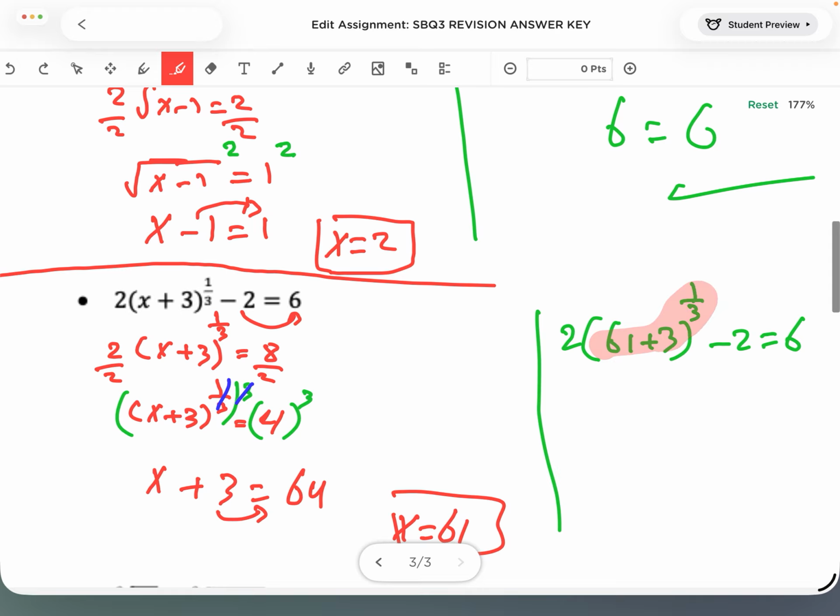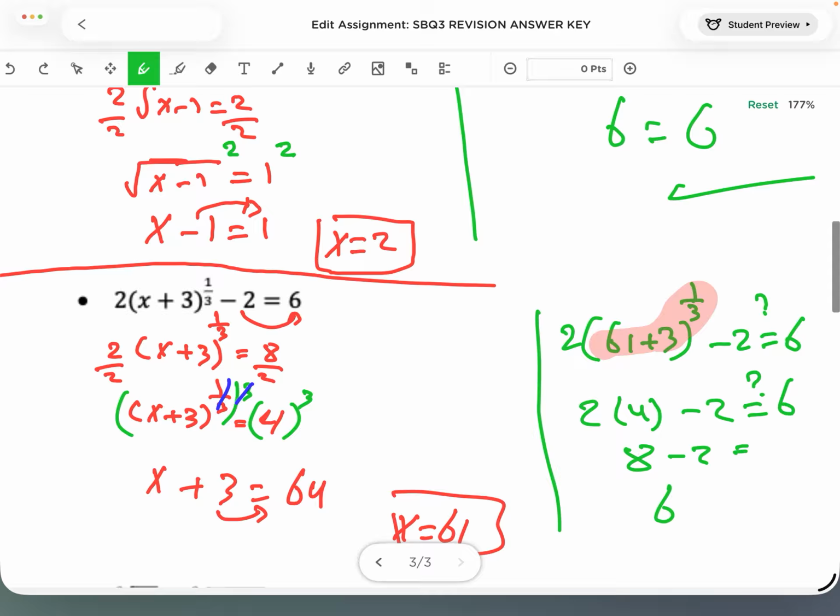I open a bracket, 61 plus 3 close to the power fraction 1 over 3 is 4. So 2 times 4 minus 2. 8 minus 2, 6. Now it is correct.